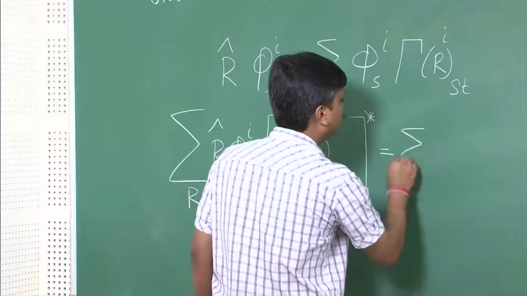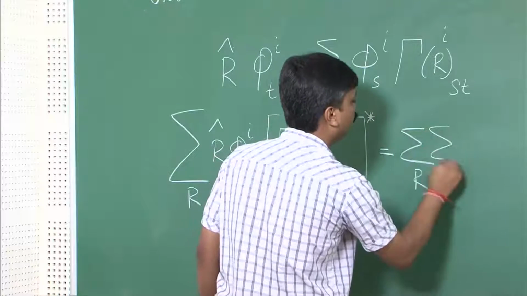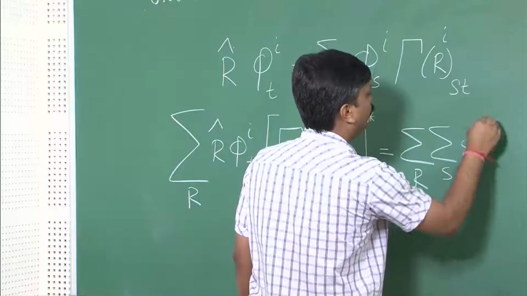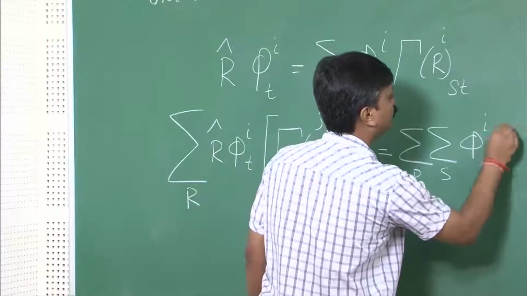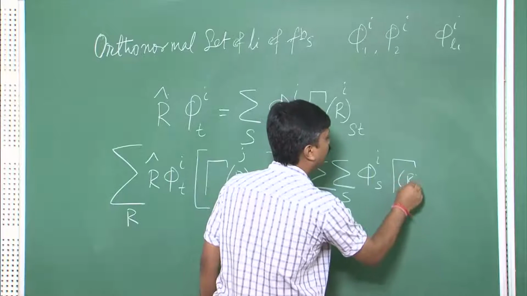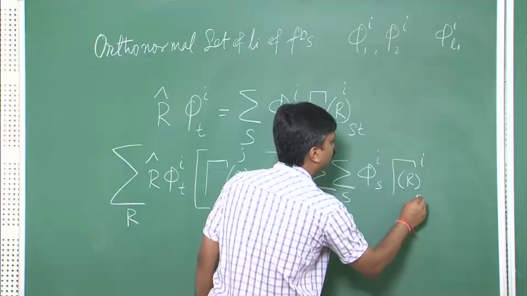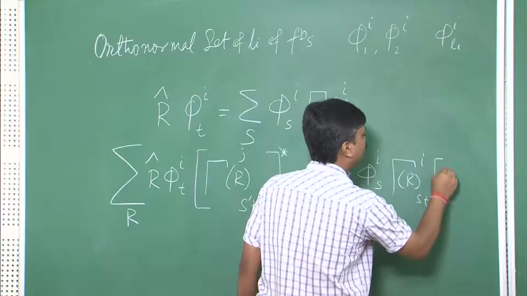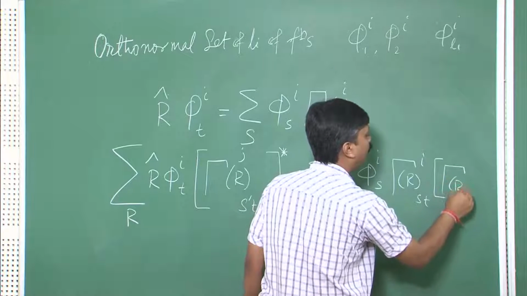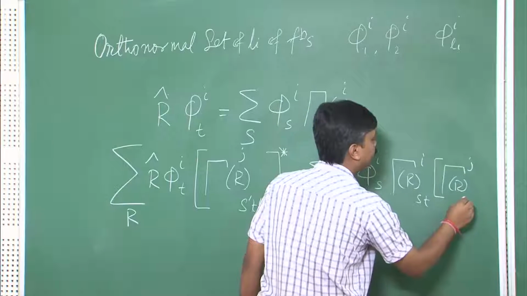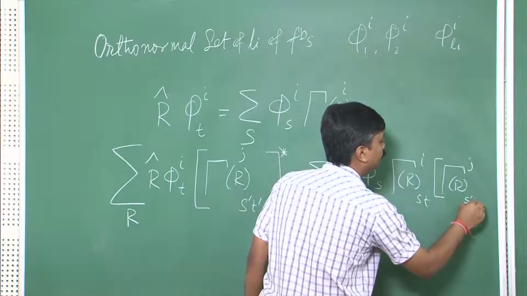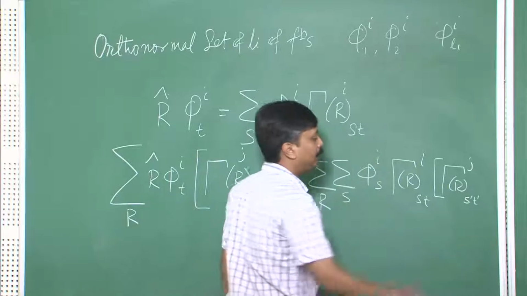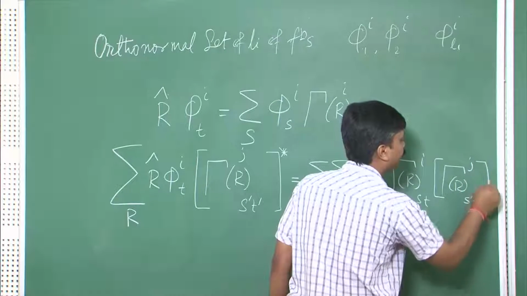So in that case I have summation over R, summation over s, phi s^i, gamma of R for st, multiplied by gamma of R for the jth irreducible representation having elements s prime t prime.